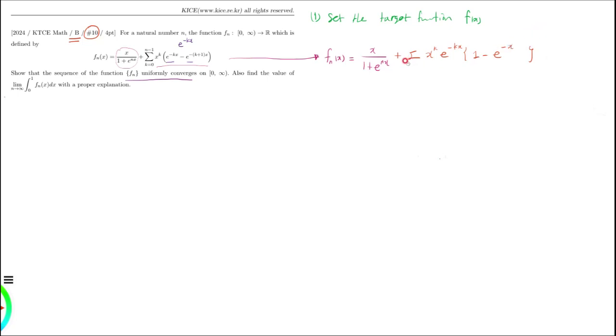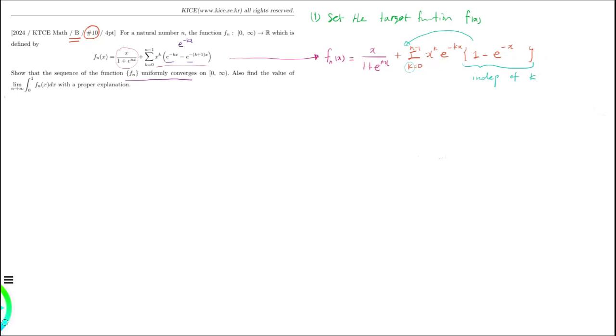Here k goes from 0 to n minus 1, and the good thing is this factor does not depend on the summation index k, so we can pull this part outside.